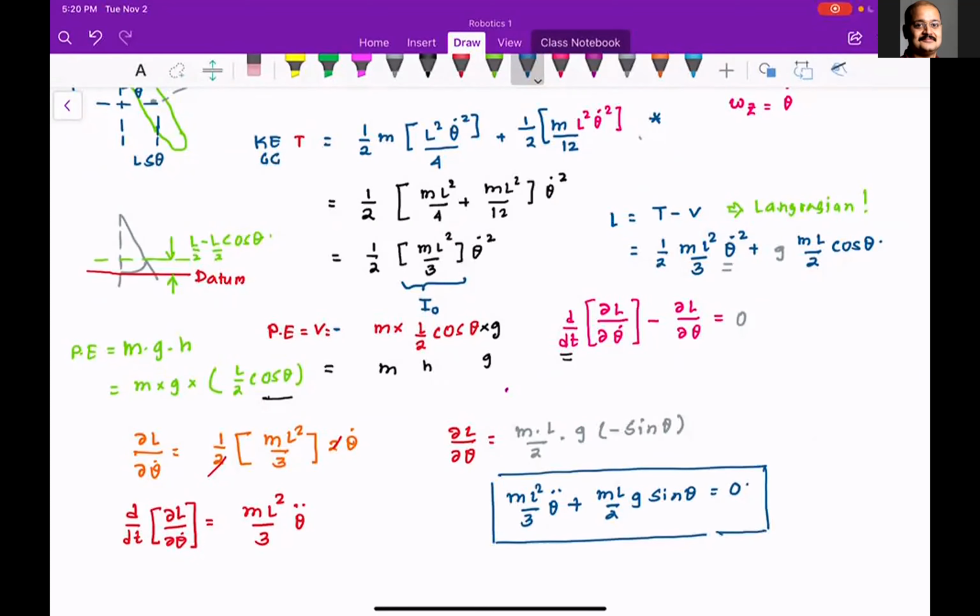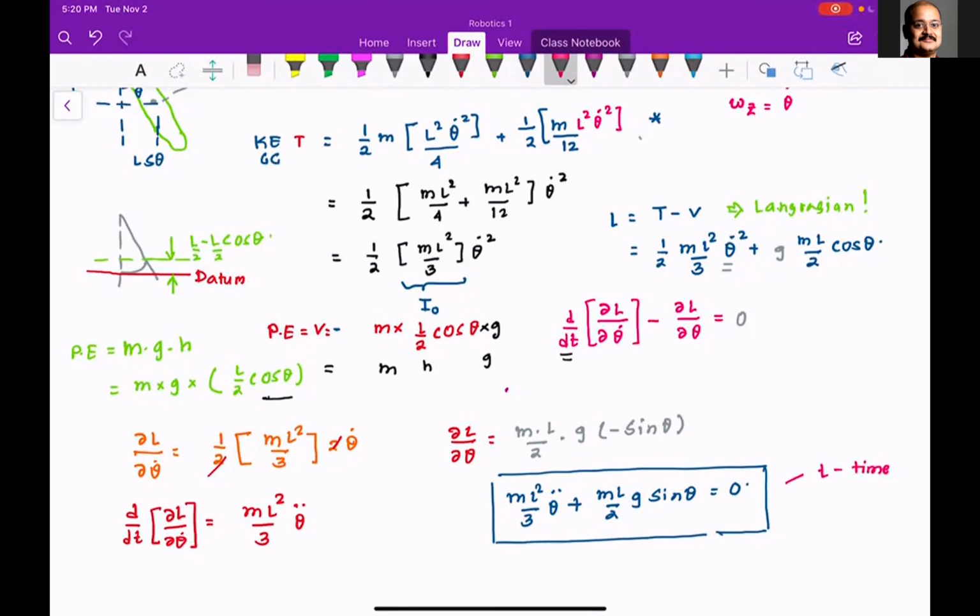Now, before I start solving the differential equation of motion, I just want to make sure everyone knows what the differential equation of motion is. It shows the time evolution of the state variables. Right now we have theta and theta dot, so angular displacement and angular velocity are these two state variables. The only independent variable is t, time.